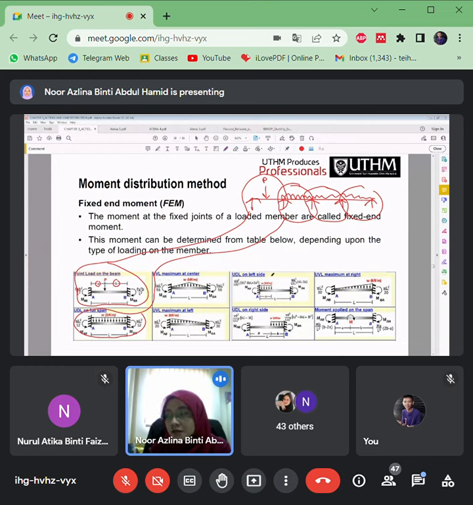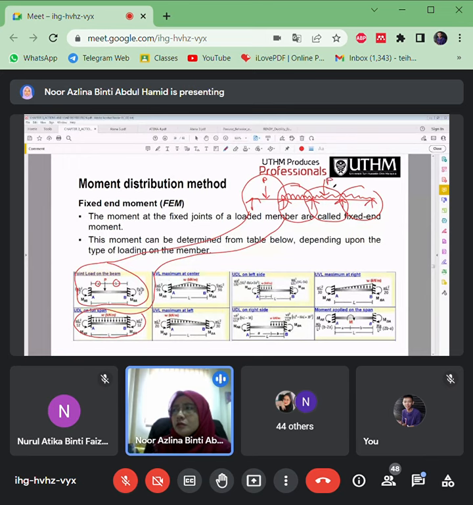That will produce a different equation. There are a lot of kinds of loading. Sometimes there are cases that have a combination of loads, a uniform load and also point loads.